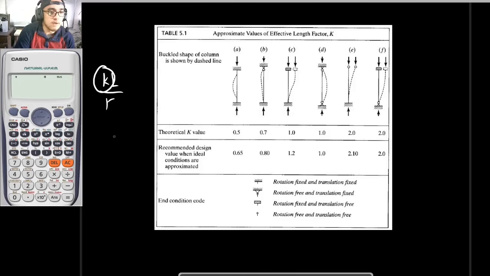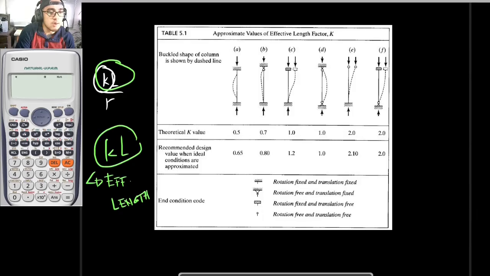By the way, ang effective length natin would be this KL right here. So, KL, this is to be the effective length. So, meaning yan lang yung ating may consider for buckling. So, if this is to be your case once again, etong length na to is just 50% of the whole length, thus its theoretical K value would be 0.5.